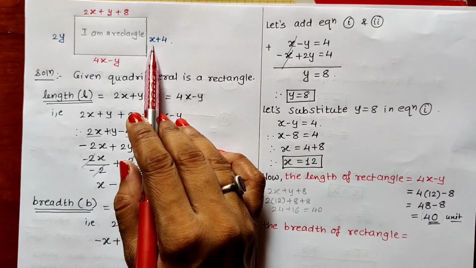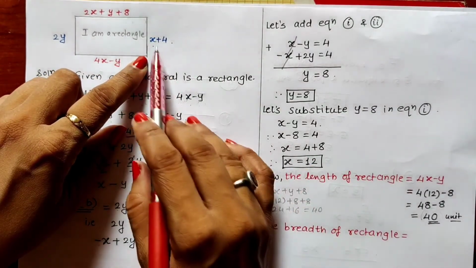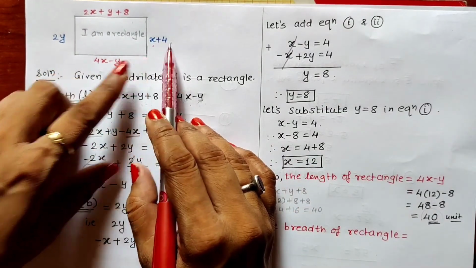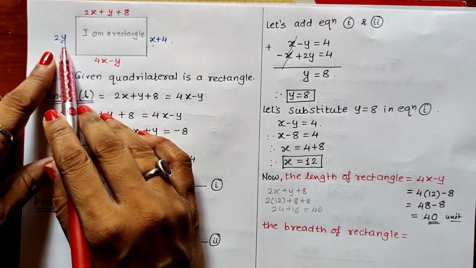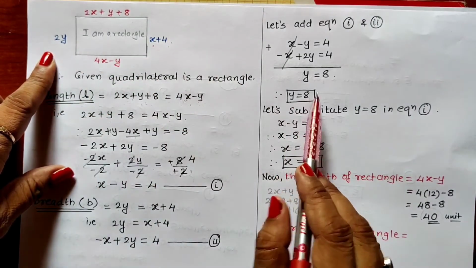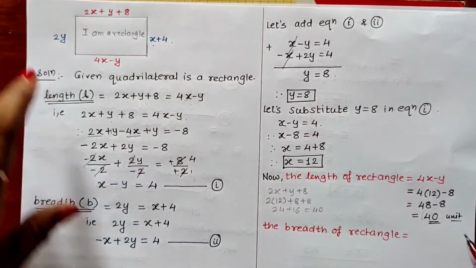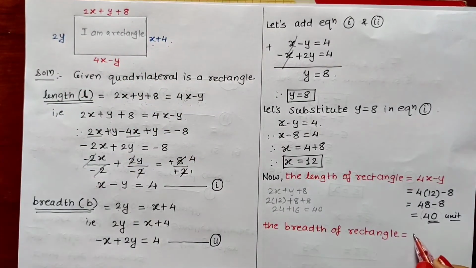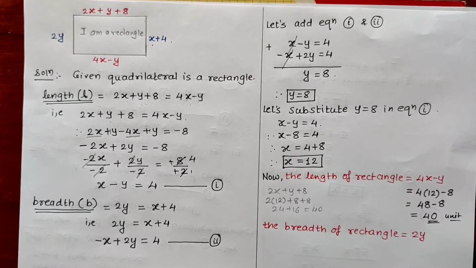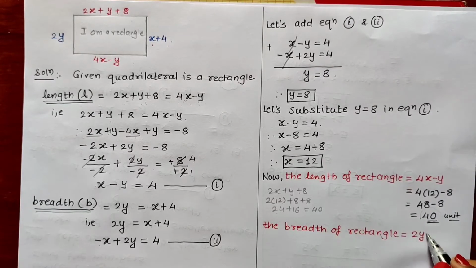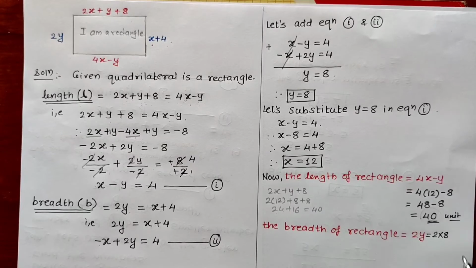X plus 4, x is 12. So 12 plus 4 will be 16. Or 2y, 2 into y, 2 into 8. 2 into 8 is 16. So either you can write x plus 4 or 2y. One and the same thing. So I will be writing 2y. So 2y means equal to 2 into 8 is equal to 16 units.